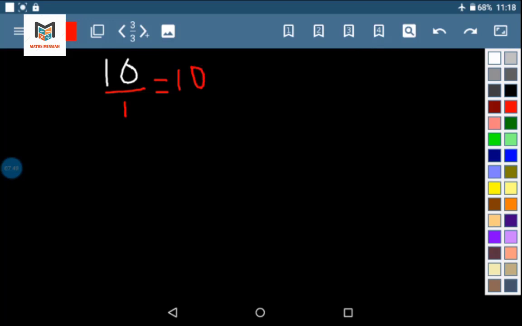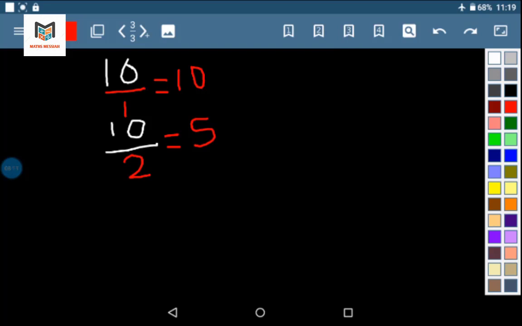You see that it divides it exactly. Let's move on to the next one. 10 divided by 2 will give you what? That is 5.